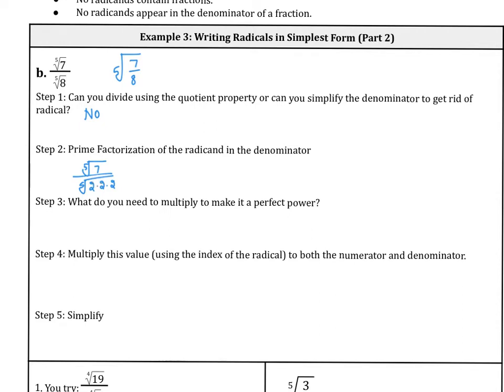To do that we are going to multiply by a big 1, which means we are going to multiply top and bottom by the same number, and that's going to be 2 times 2, fifth root of 2 times 2.